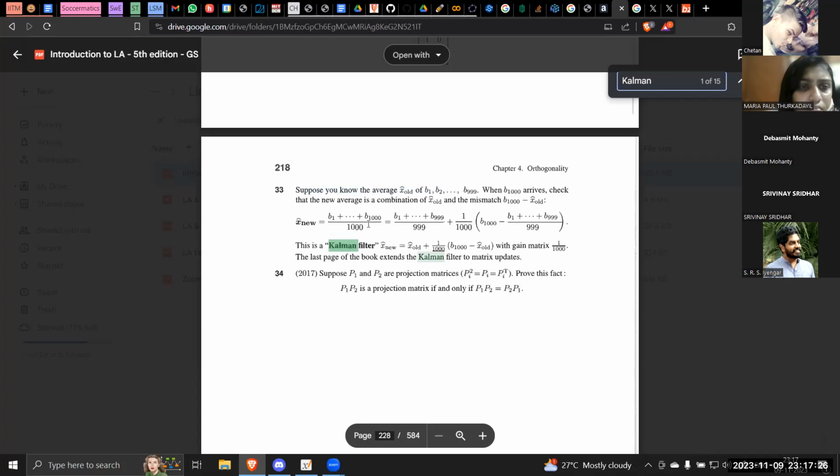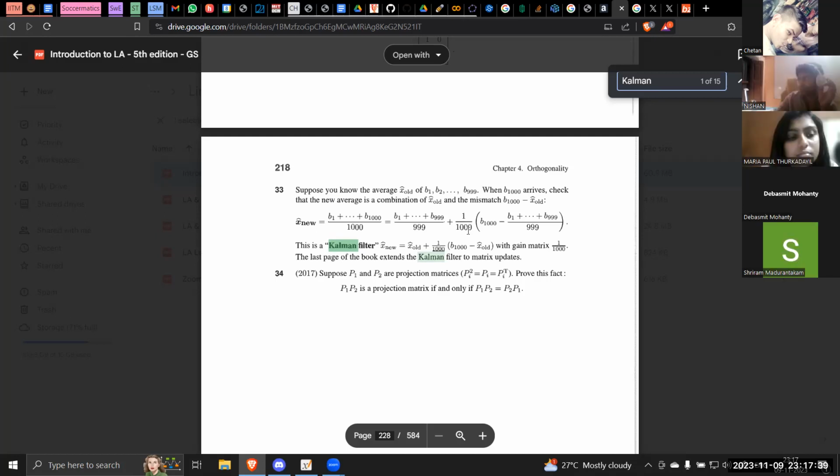Suppose you know the average x, he's finding out the gradient, I guess, like the gradient of change. Why is it gradient? No, it's gradient of change.